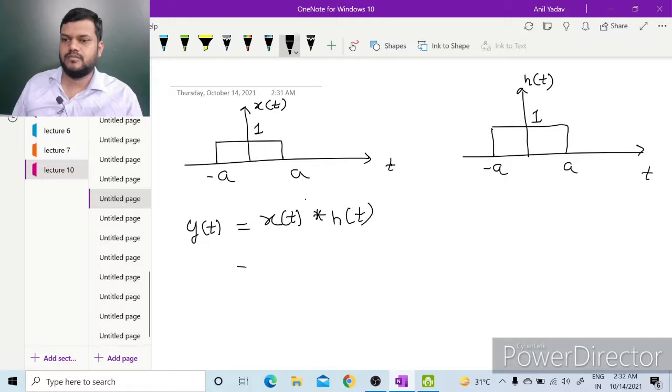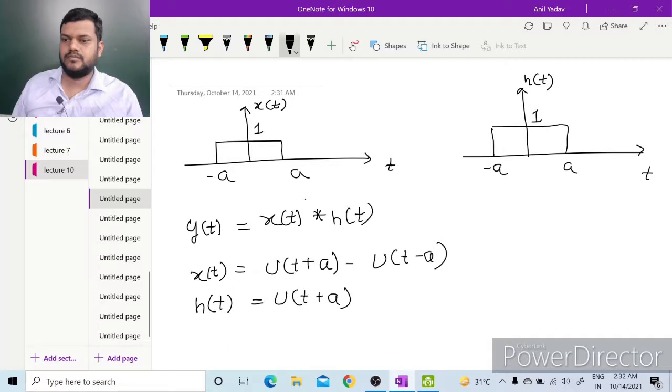So we can write xt as u(t+a) minus u(t-a) as unit step functions, and we can write ht the same, u(t+a) minus u(t-a).